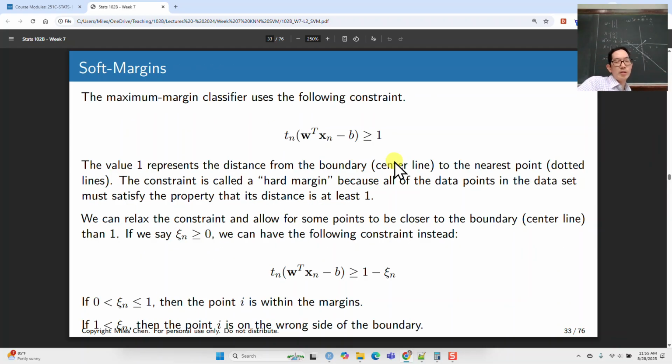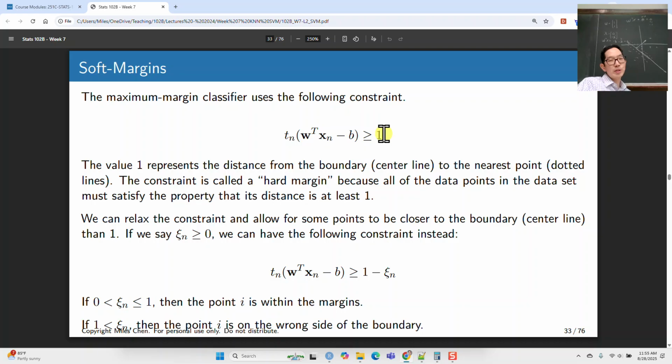So that's our maximum margin classifier, and we can start to relax some of our constraints, okay? One way to relax this is by having what we call a soft margin, okay? When we defined this maximum margin classifier, we said all of these points over here have to be on the correct side of the boundary, okay? And so basically t times this has to be greater than or equal to 1, okay?